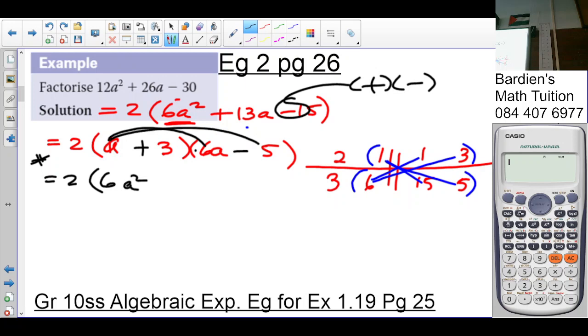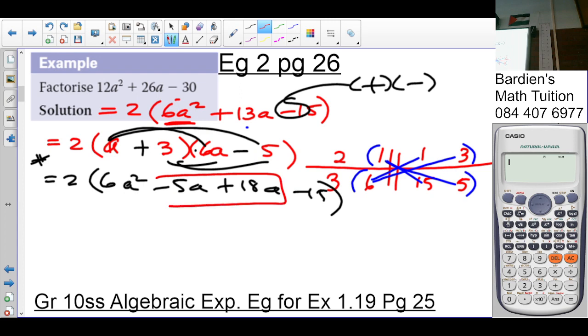If I multiply this, it's going to give you negative 5a plus 18a minus 15. And then what did we do here? We added, which is going to give you 6a squared plus 13a minus 15.